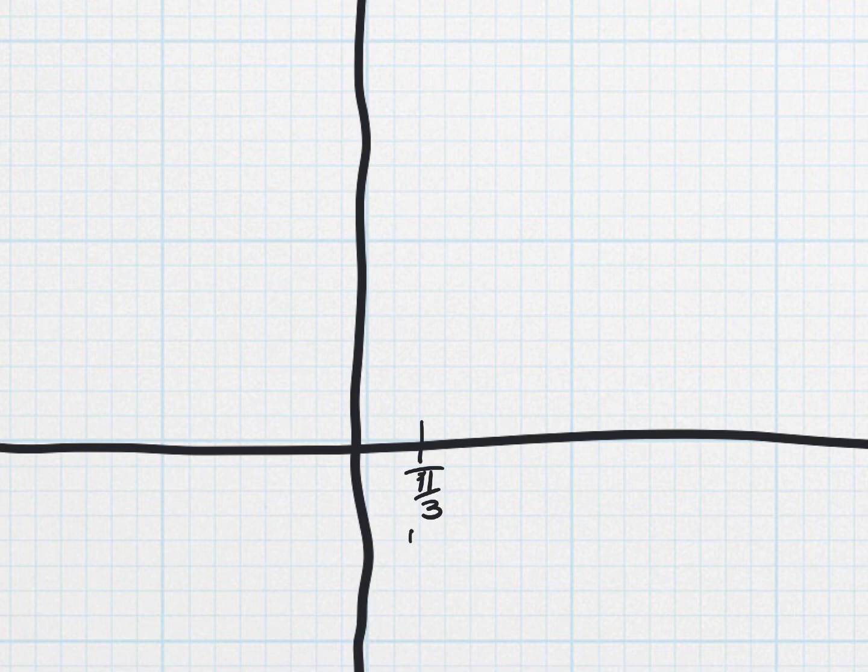So this is 60 degrees. And then if I go up another 90 degrees, 1, 2, 3, I can say that this is 150, or the 5 pi over 6. And then again, another 1, 2, 3. Then I've got my 4 pi over 3. 1, 2, 3. 11 pi over 6.